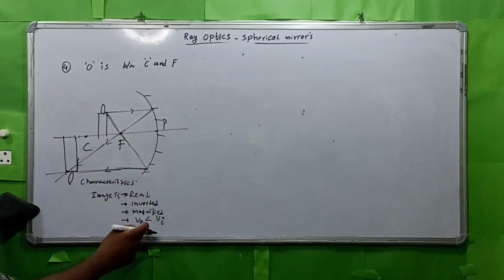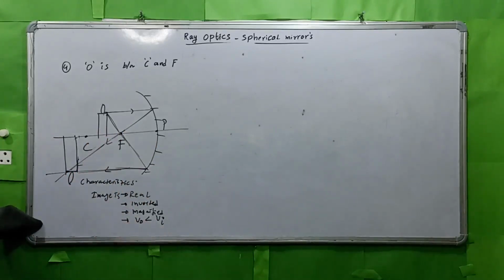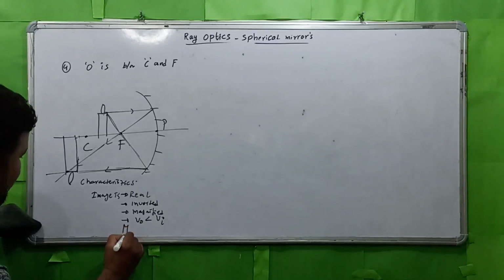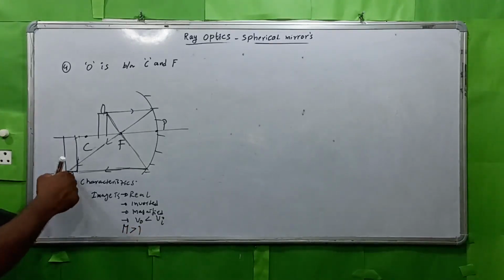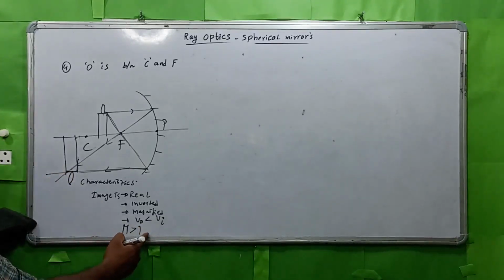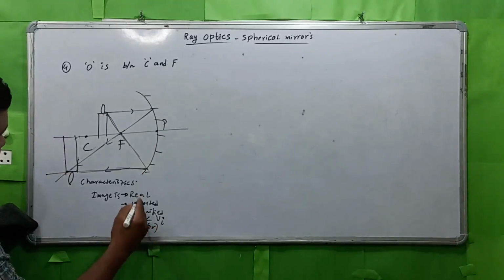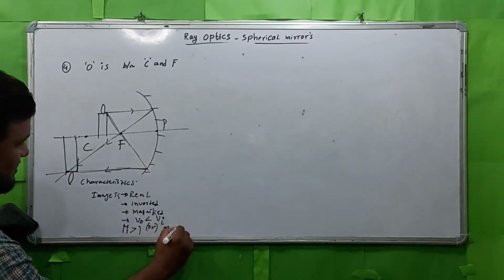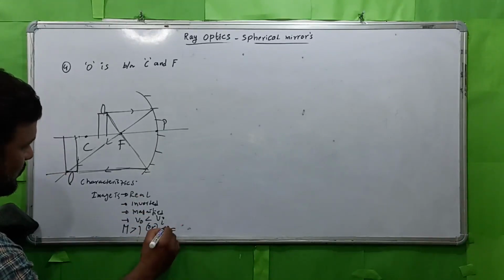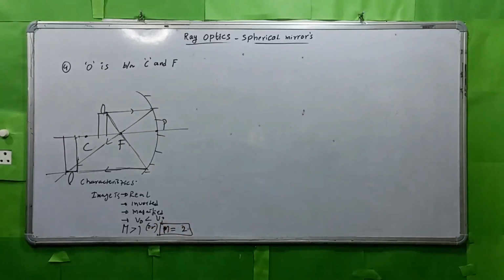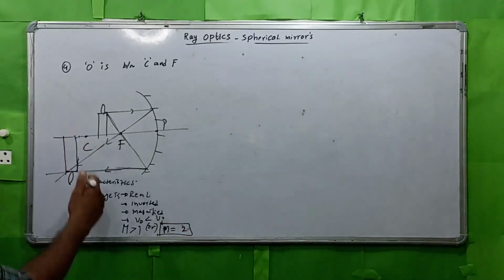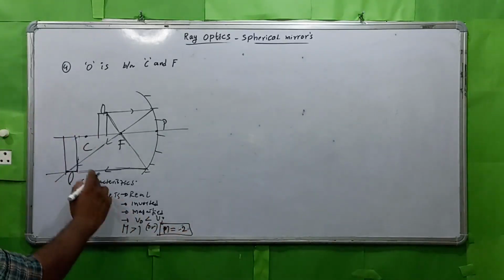So velocity of object is less than velocity of image. If you observe here, magnification is greater than 1. Why? Because of big size, magnification is greater than 1. Or you can consider magnification m is equal to 2. Height of the image by height of the object, you will get a minus sign here, minus 2.